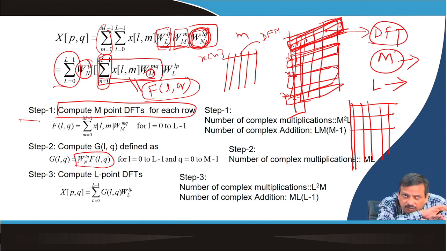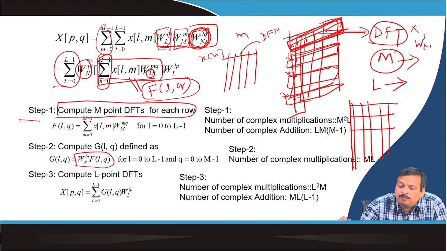So, I first compute the DFT row wise, then multiply each coefficient with the value W_N^{LQ}, where L varies from 0 to L minus 1 and Q varies from 0 to M minus 1.